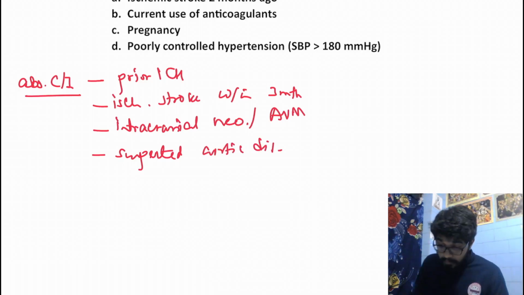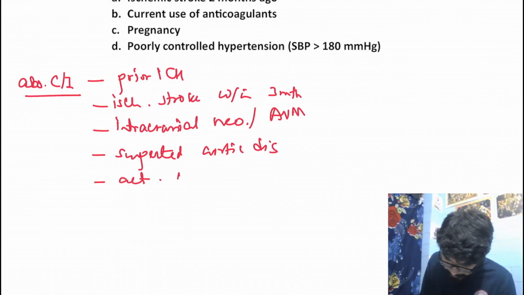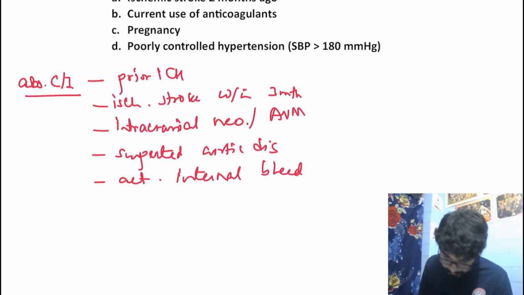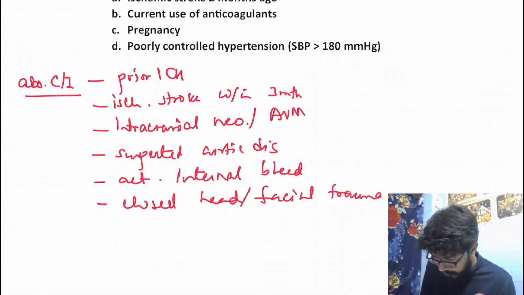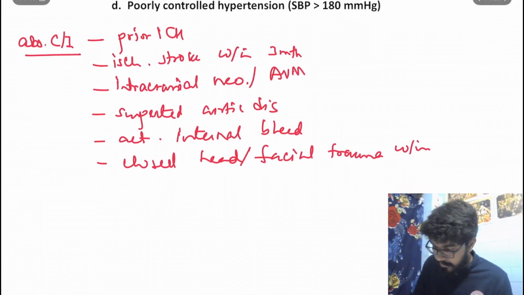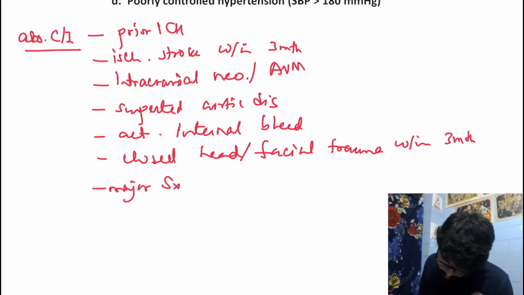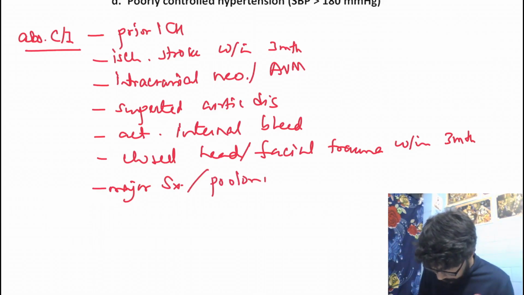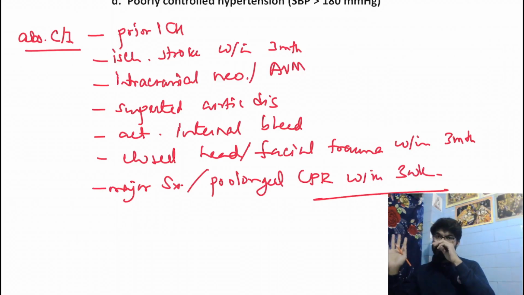We would not go for fibrinolysis if there is any active internal bleed. Okay. Then we have closed head or facial trauma within 3 months. Right. And we have major surgery or a prolonged CPR within 3 weeks. These are the absolute contraindications.